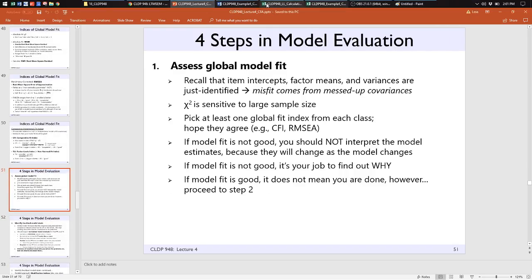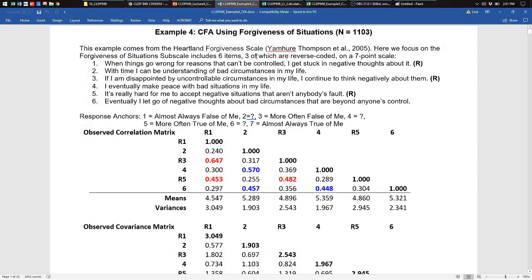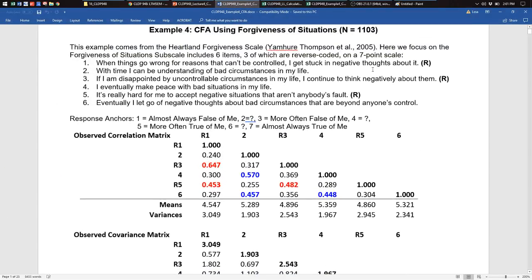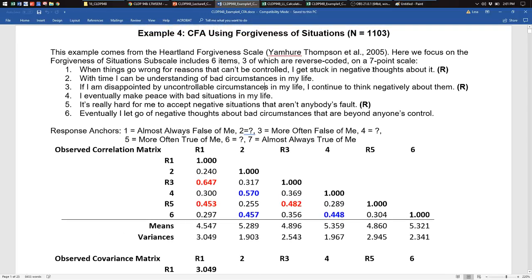So let's take a look then, unless you have questions or thoughts, at what this looks like in real data. So back to example 4. Just to remind you, the backstory: 6 items thought to measure the same construct, which is forgiveness of situations. 3 of the items are written in a negative direction and were reverse coded, and 3 are written in a positive direction.